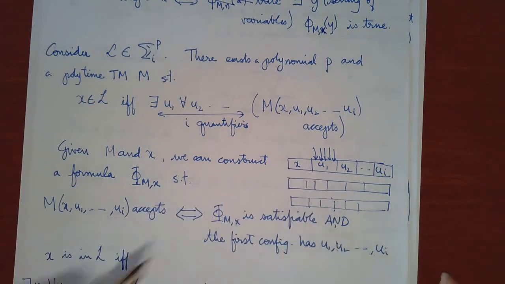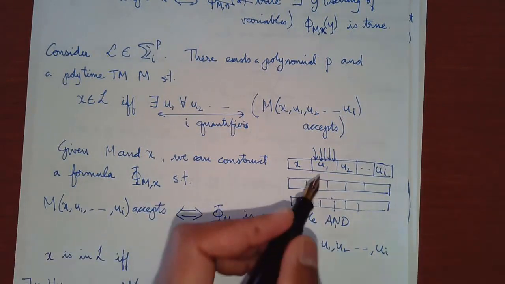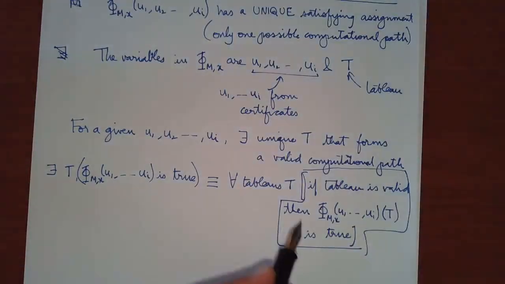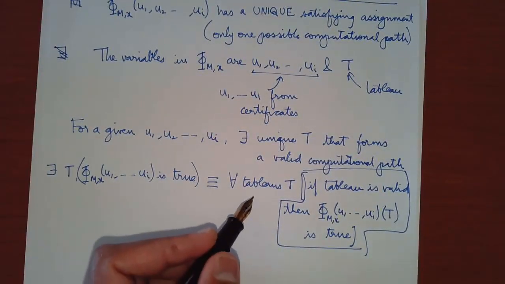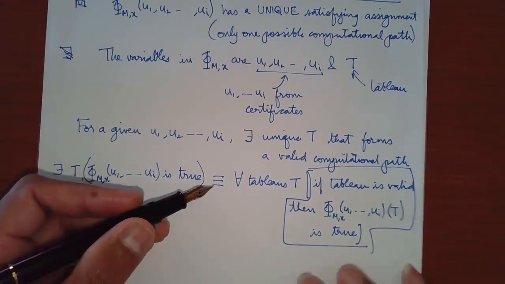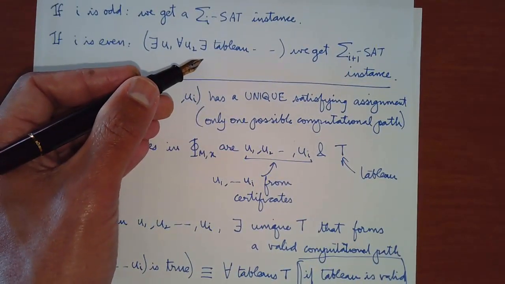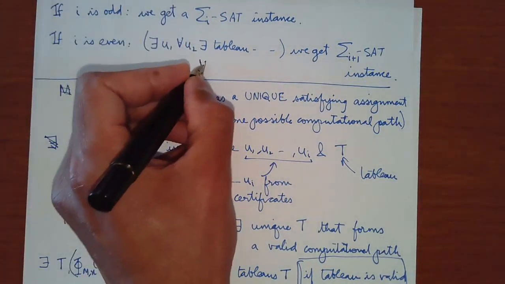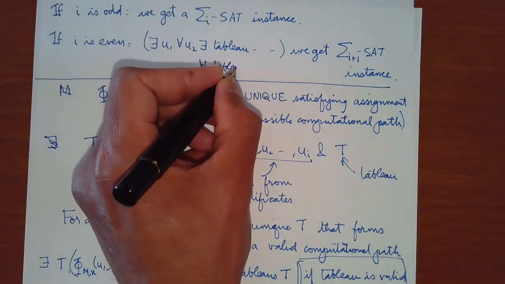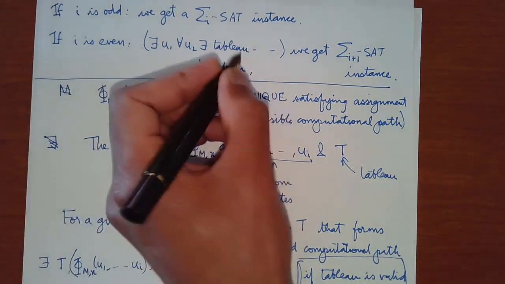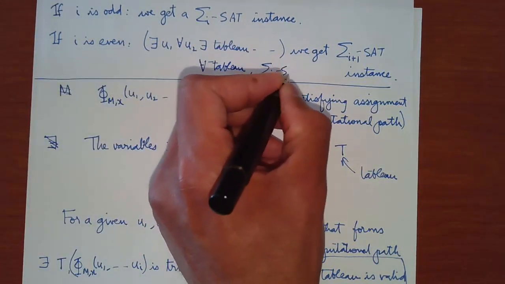So it's just a Boolean clause you can write down, exactly the same thing as phi_Mx. So if you use this, instead of there exists a tableau, you can replace it with a for all tableaus. And you get a Sigma_i SAT instance.